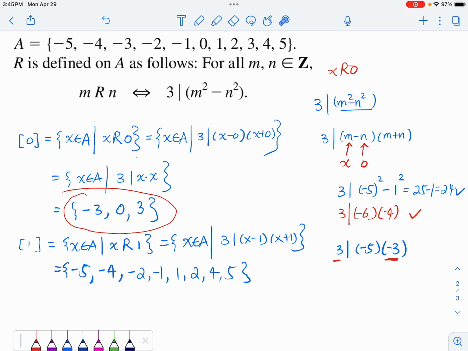When you plug in -1, this is 0, so 3 definitely divides 0. When you plug in 1, this is 0, right? So definitely it will work. When you plug in 2, 2 minus 1 times 2 plus 1 is 3, which is definitely divisible by 3, and so on and so forth.